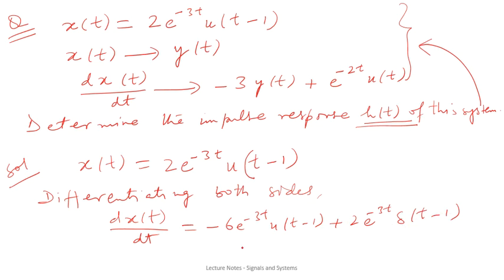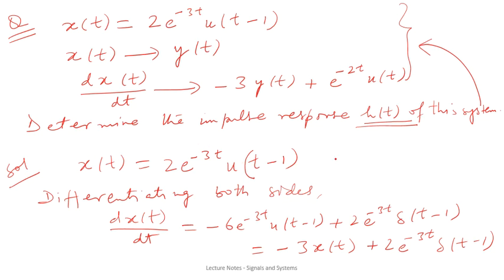This represents the impulse signal, because you know that the derivative of the unit step will give you the impulse signal. So if you simplify it, you will get -3x(t) + 2e^(-3t) delta(t-1).